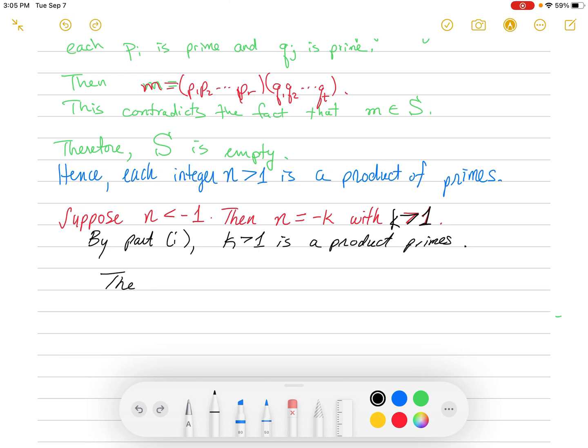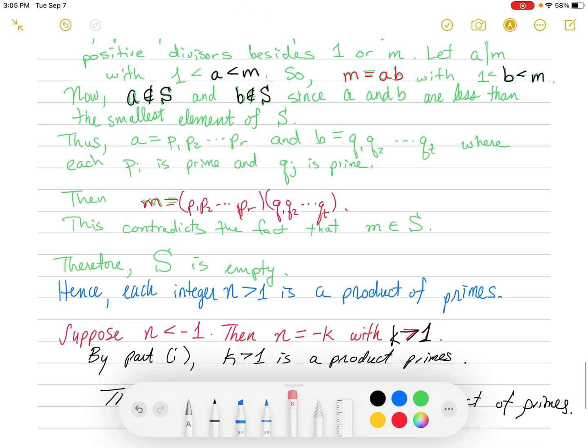Therefore, n equals minus k is also a product of primes. Yeah, so all you're doing is sticking a negative on the front of all those primes. We have negative primes here.